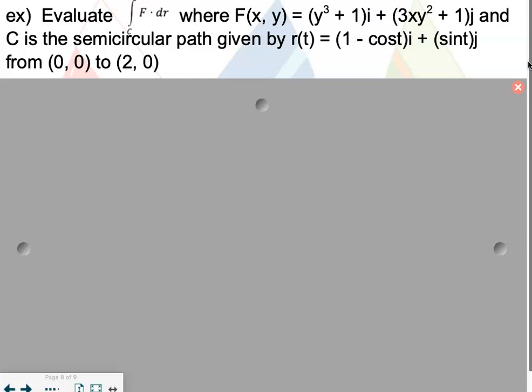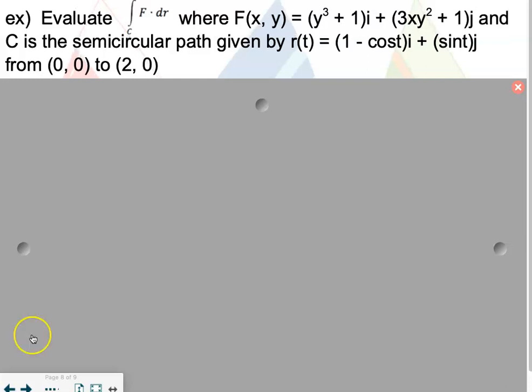C is the semicircular path given by that r of t, 1 minus cosine t in the x component and sine t for the y component, from (0, 0) to (2, 0). So the first thing I personally would check would be to see if f is conservative. Because if f is conservative, then you can do this using either changing your path or doing FTLI. If f is not conservative, then you got to do the old-fashioned way.